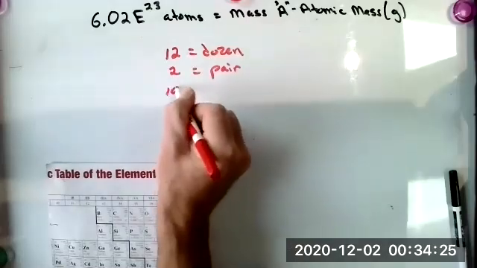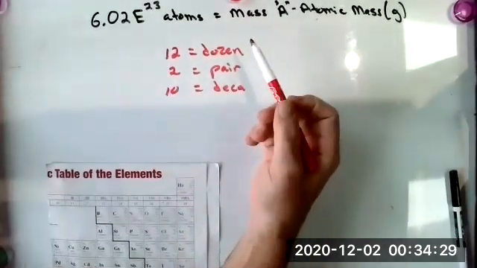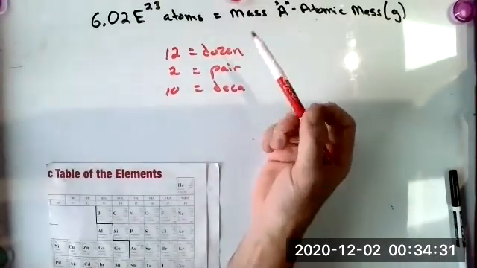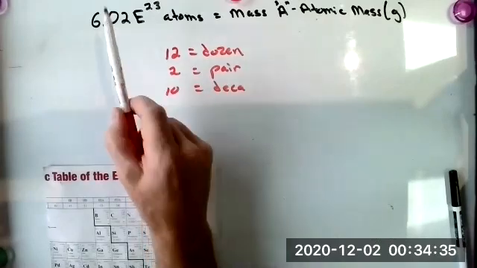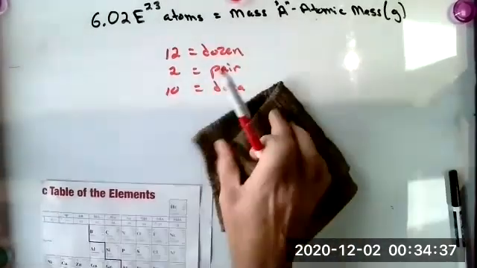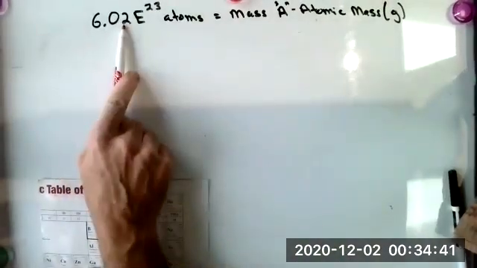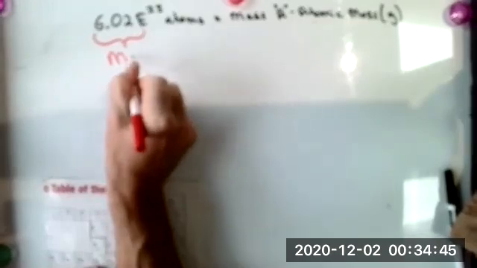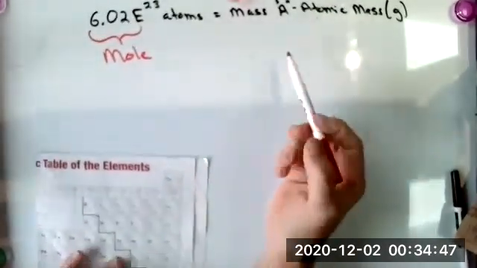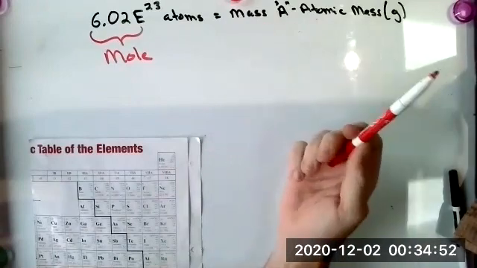We can call 10 a deca. I have deca M&Ms on my board. We got 10. All right, well, they did the same thing. They gave this number a name. The name that is applied to that nasty number is called a mole. I'm glad you're done laughing, because it's just it.